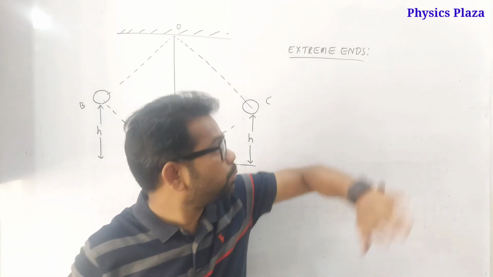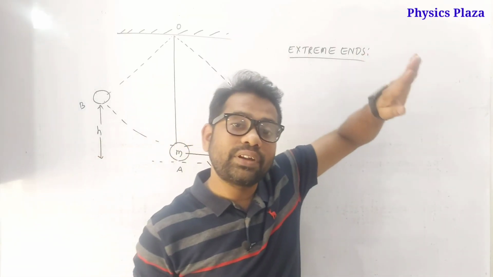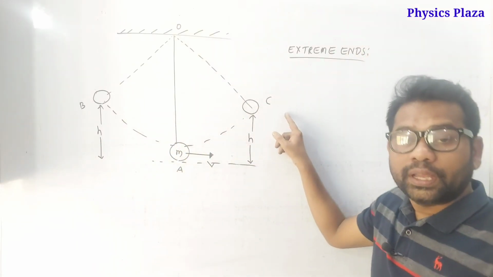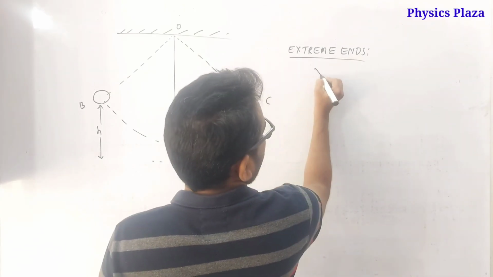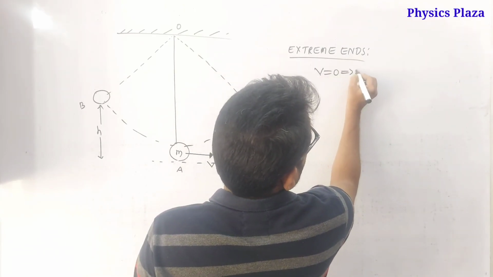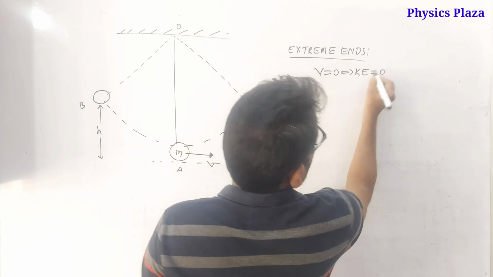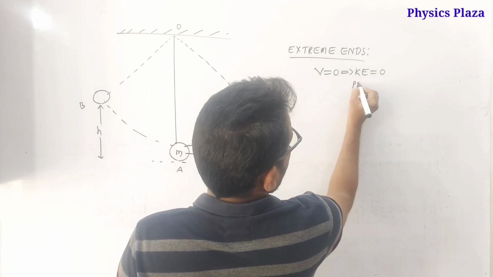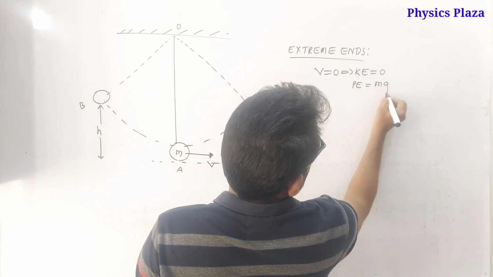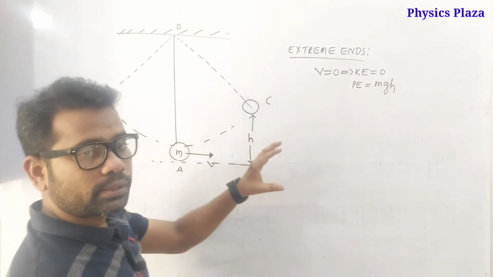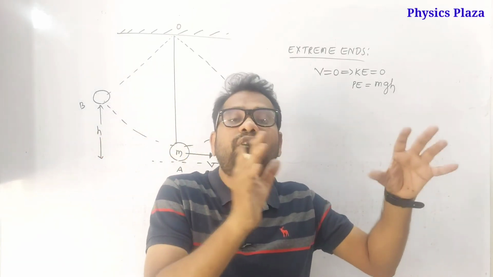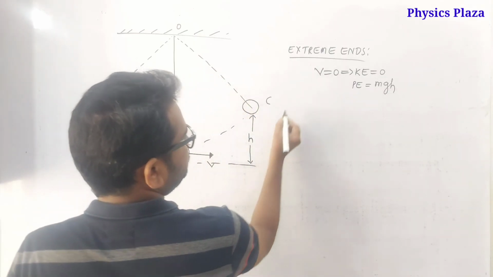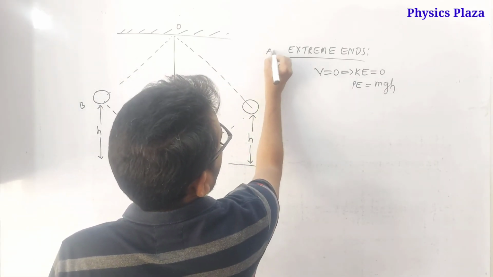Just as it is going towards point B and point C, which means it is going against gravity, obviously speed keeps on decreasing, and at point B and point C, its velocity will be 0. So obviously its kinetic energy is 0. It has maximum height, so the potential energy will be mgh. So at extreme ends, the mechanical energy is only in the form of gravitational potential energy.